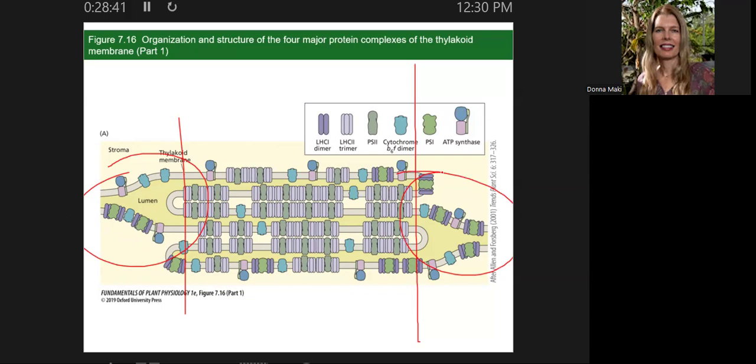So you see a lot of that peppering into the grana region, whereas the photosystem 1 is more the lime green, and you see that showing up more in the stroma. So you have this clustering of these big complexes, and they don't move. Once they're there, they stay put. And so that is why you need to have these mobile carriers to get the electrons to where they're needed.